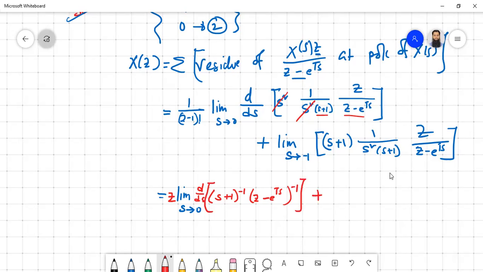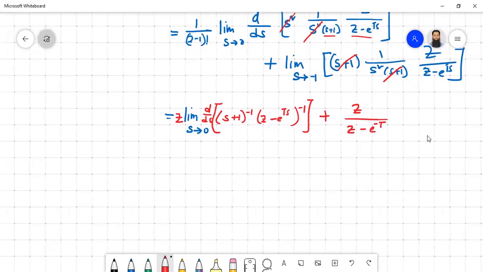Then for the simple pole it is minus 1, so minus 1 whole square is equal to 1. So it will be simply z by z minus e to the power minus t, where s is replaced by minus 1.